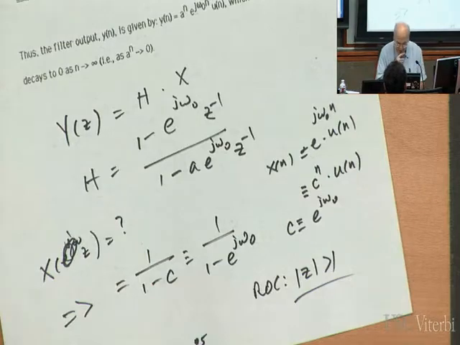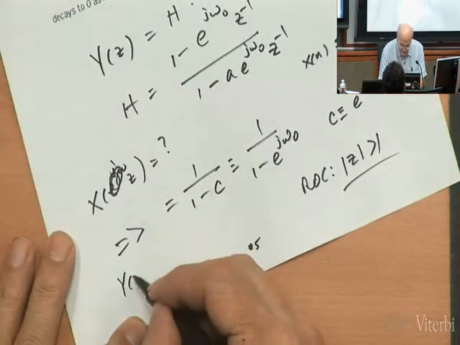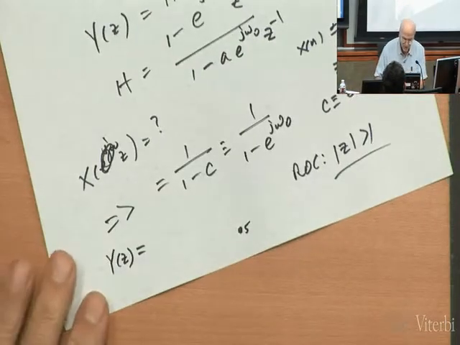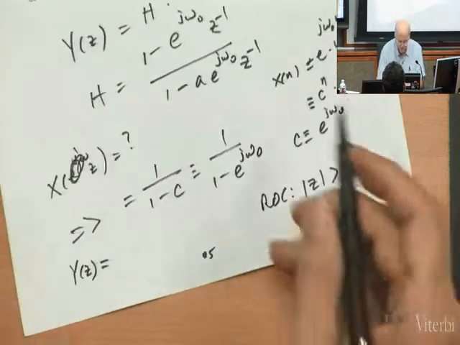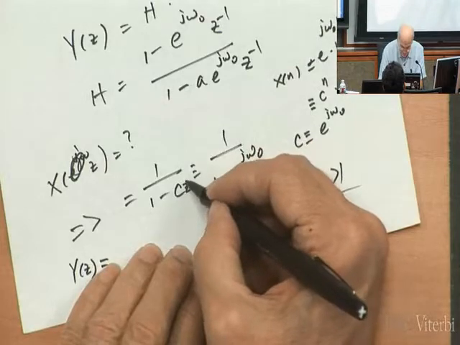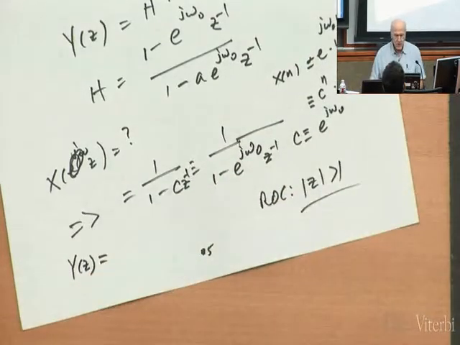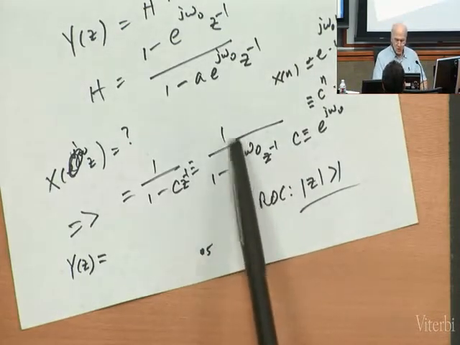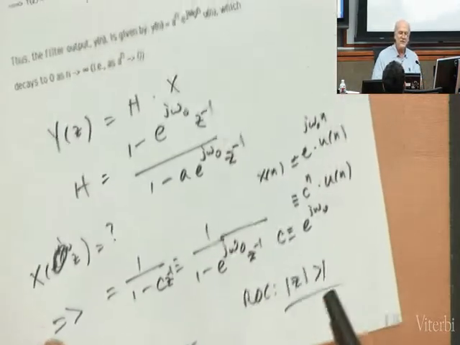Voila, done. So now, what is Y of z? Sorry, a little carried away. I forgot the z inverse. So what Y of z is, well, check it out. You see that 1 over 1 minus e to the j omega naught z inverse? What's that going to do?